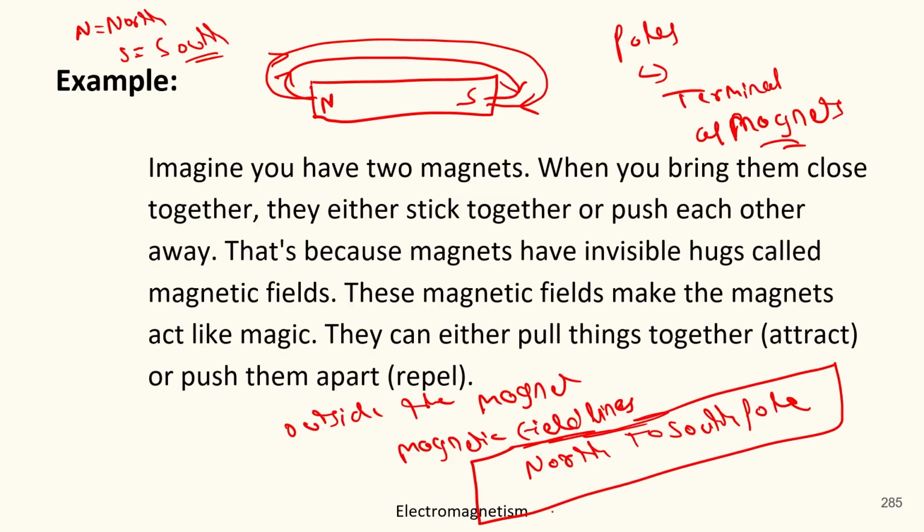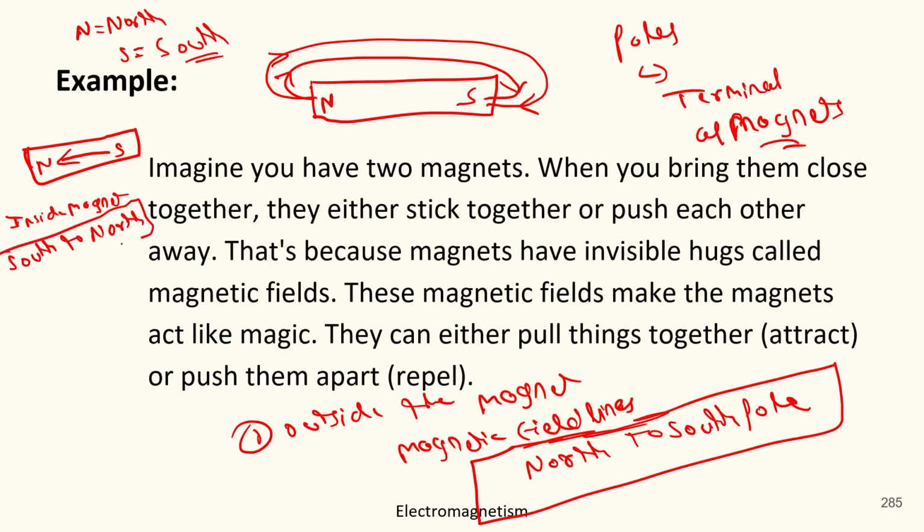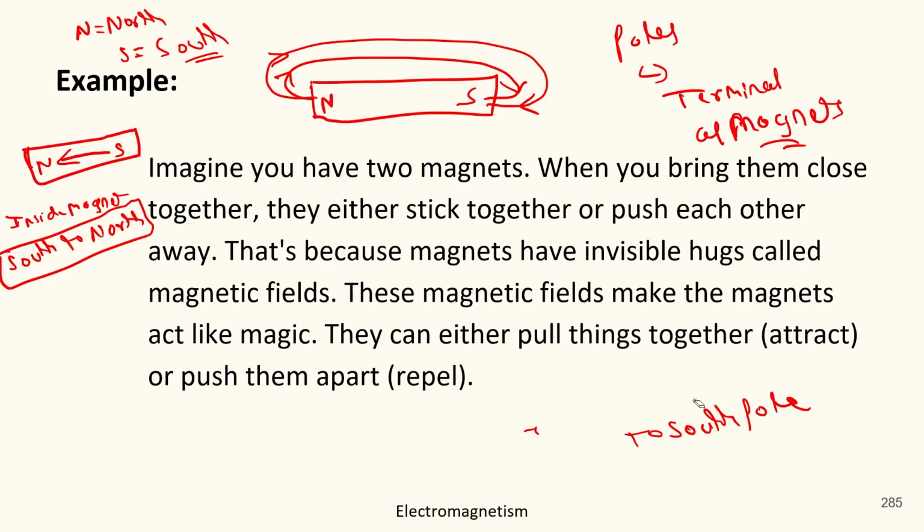While inside the magnet, the magnetic field originates from the south and converges at the north. Got it? So here we have come to know about the magnetic field lines and their origin.